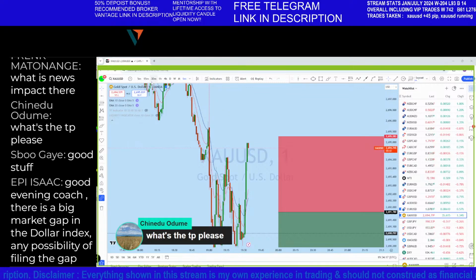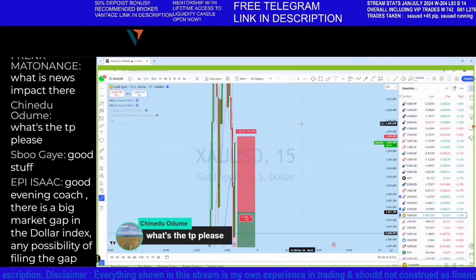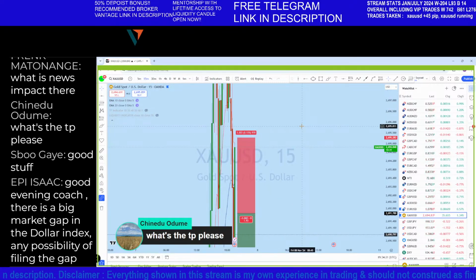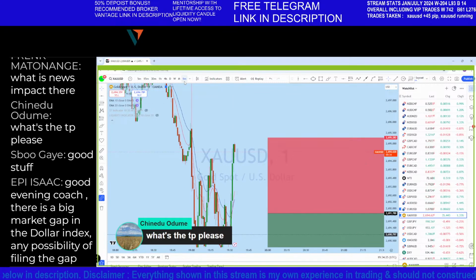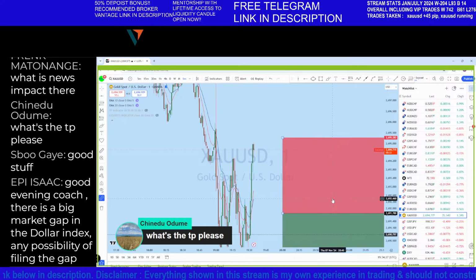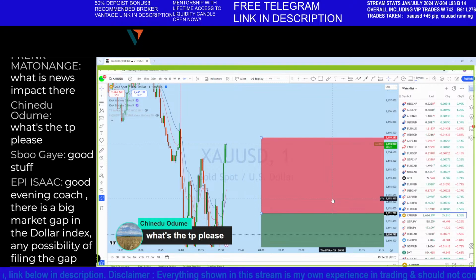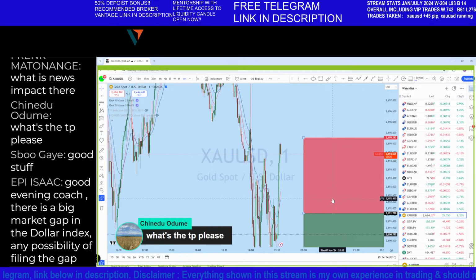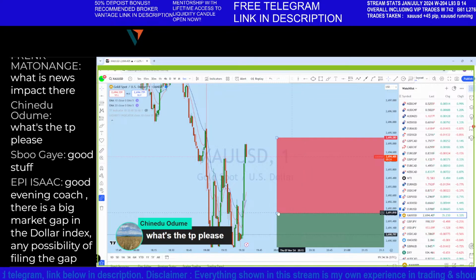It's a very weird price action here that has formed. It looks like we might see some rejection.